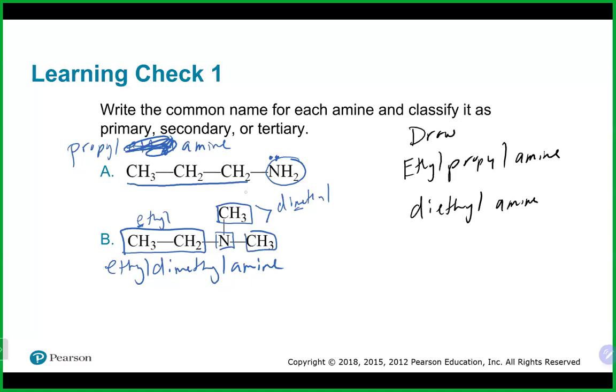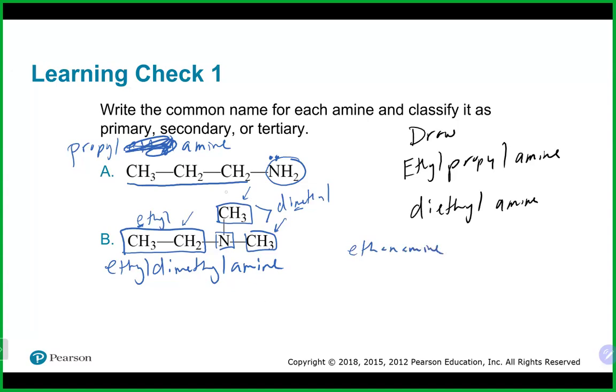So for example here, if you're going to take another approach to this name, which is not necessarily a common name approach, what you would actually do is what we normally do, which is try to find the longest carbon chain that's attached to the nitrogen. In this case, it would actually be the guy on the left there, which would be ethyl. And that would be kind of the base of your name, like ethane amine.